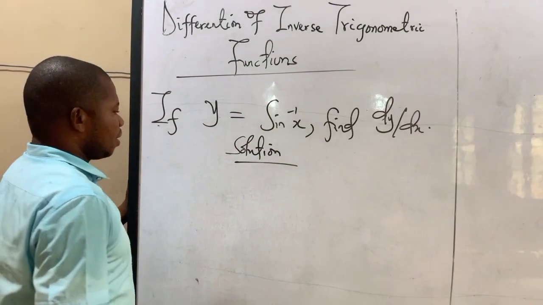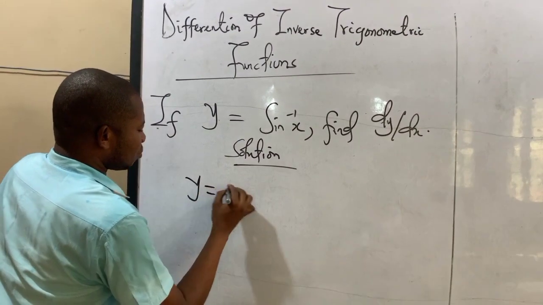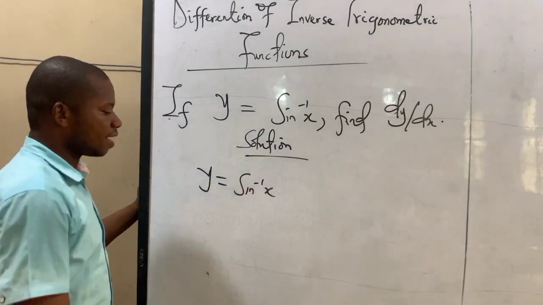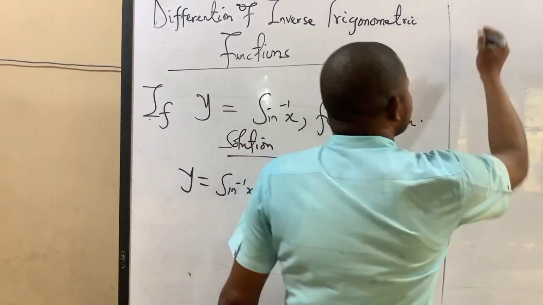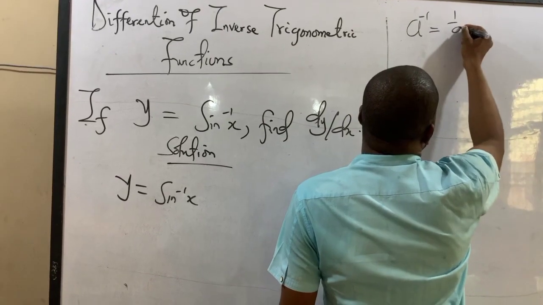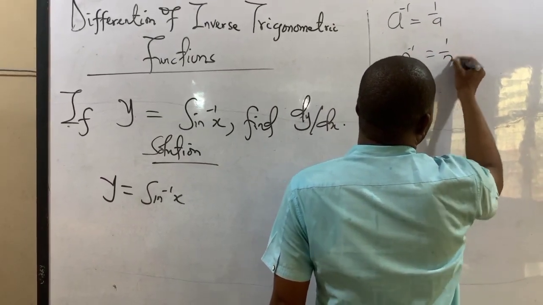Solution. Now, mind you, y is equal to sine inverse x. In normal mathematics, when we have A inverse, this means 1 over A. 2 inverse means 1 over 2.